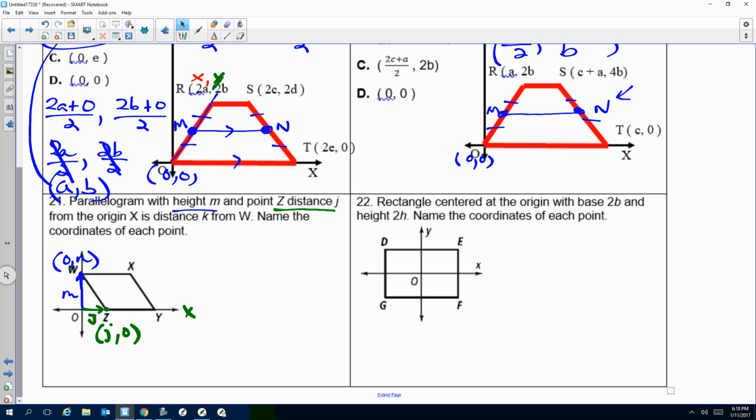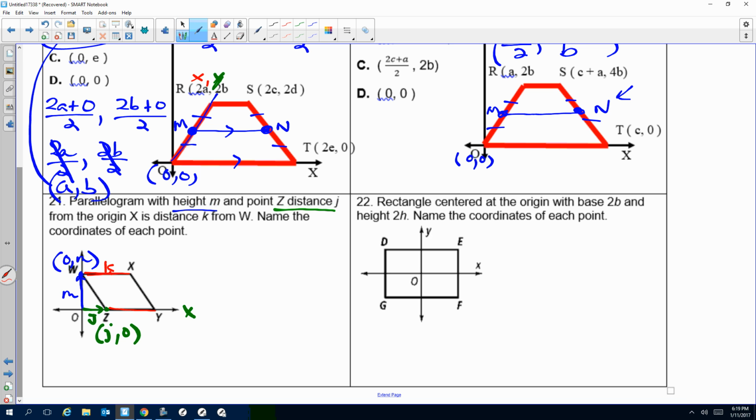Let's go red. This distance is our K. This has the same distance. Right there. Same distance, right? Because the opposite sides of a parallelogram are congruent. So I'm just going to keep the same color. So right here, this is also K.